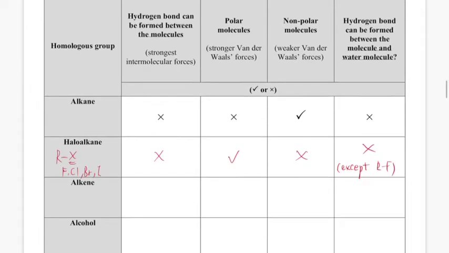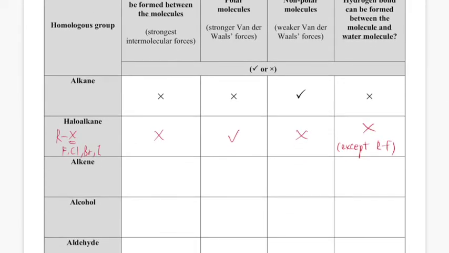Okay, and then move on to the next one, alkene. For alkene, the functional group is a C=C double bond. Again, there's no O and F present in it, so it would not be able to form hydrogen bond between the molecules, and because all the atoms are symmetrically arranged, it will be non-polar for alkene.